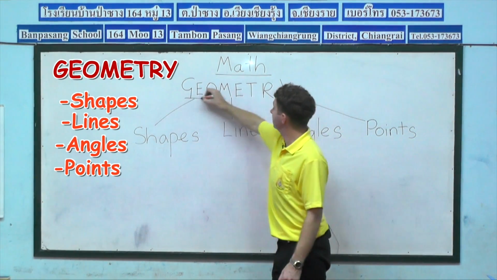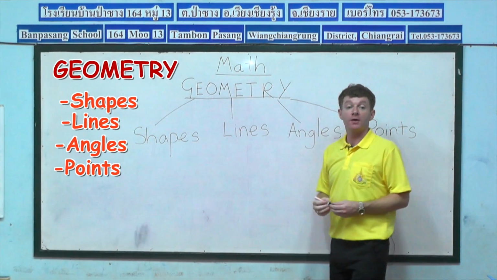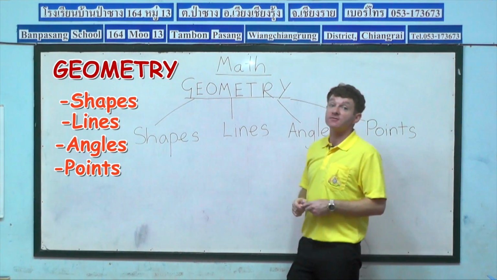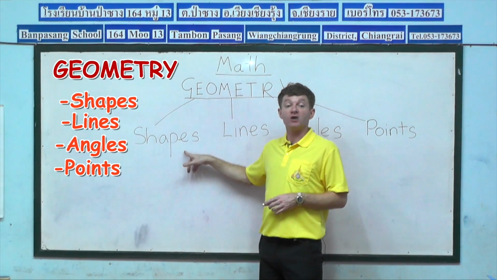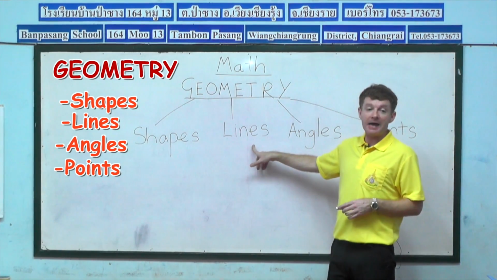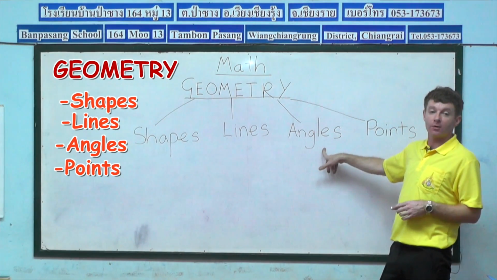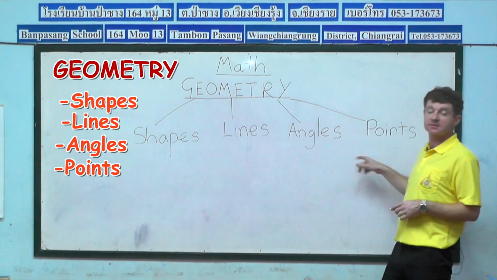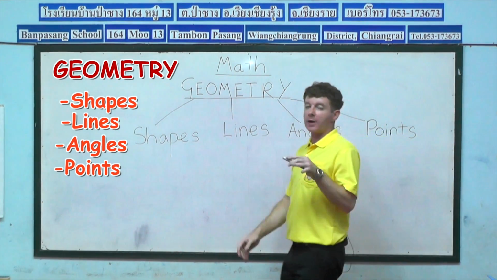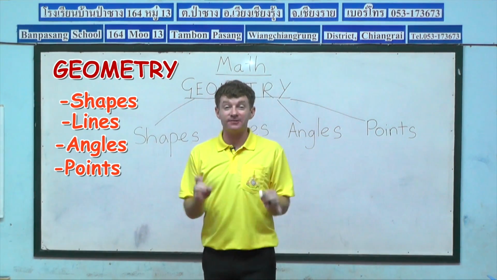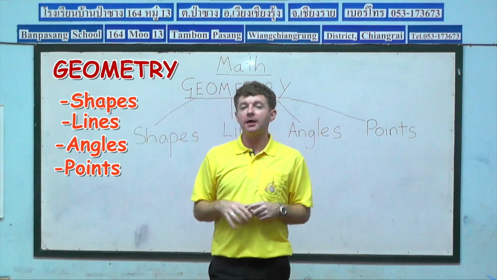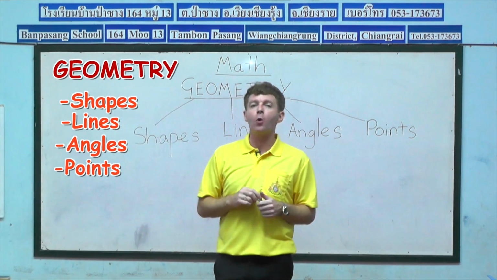So we have geometry. And geometry is the study of shapes, lines, angles, points. Very good. So what we're going to do today in the first lesson about geometry is we're going to begin learning about points.